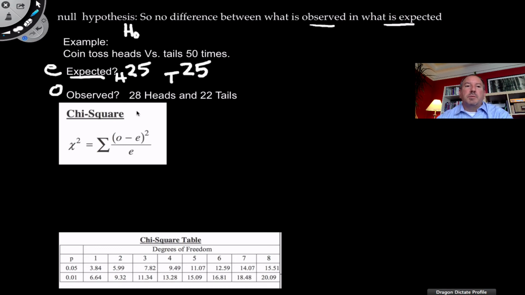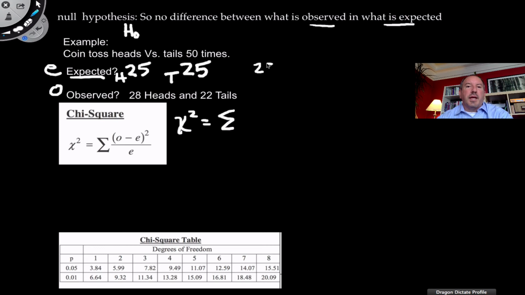Okay, so what's the observed? I'm just making this up. Say it's 28 heads and 22 tails. So is that significantly acceptable? This is what we're saying. And so when we try to do this, we say, okay, chi-square is equal to the summation. So what we really want to start calculating is this up here: observed minus expected.